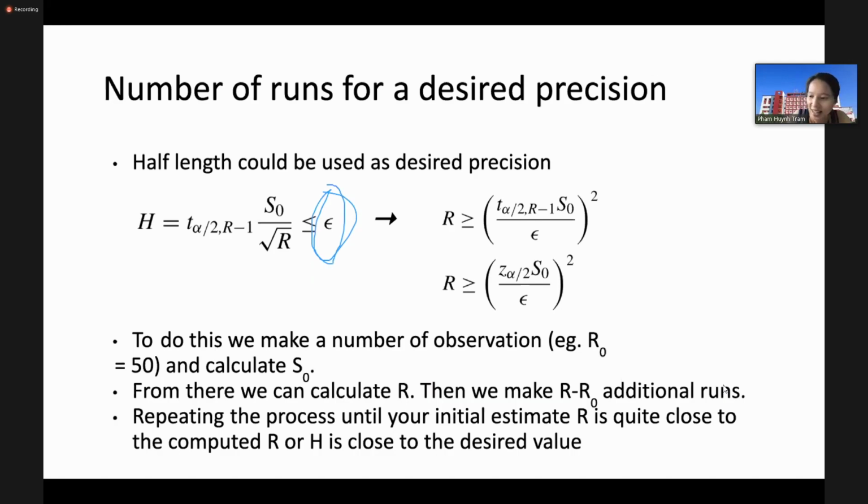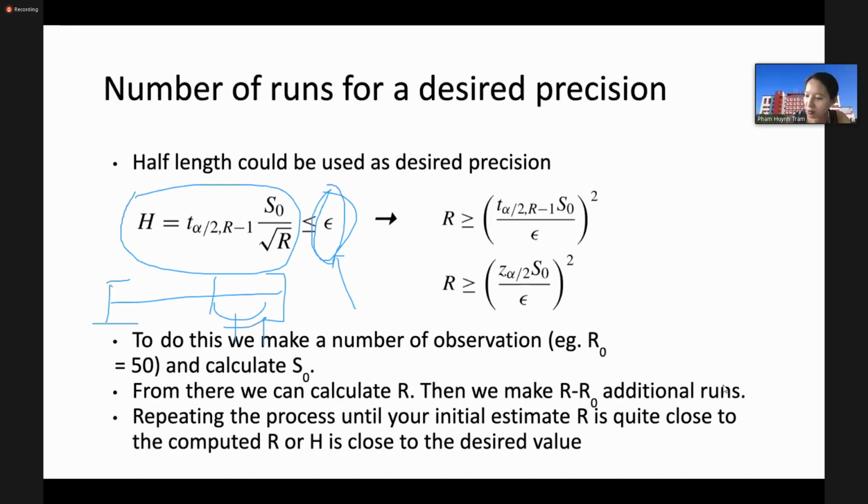And this epsilon we can compare with our half width of the confidence interval using this equation, and set it smaller than this value. We will set the half width smaller than the epsilon that we want.